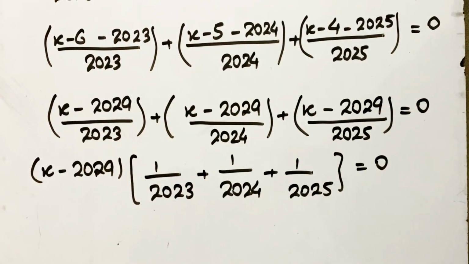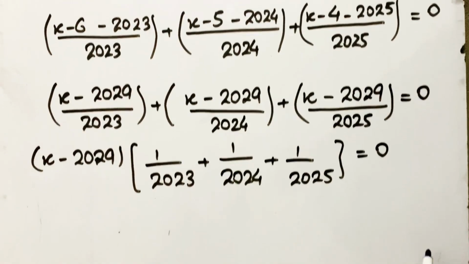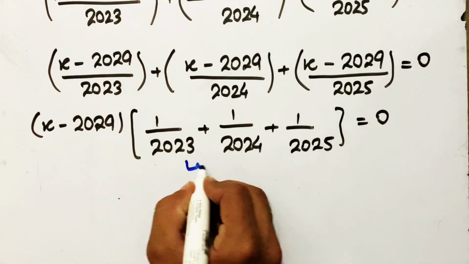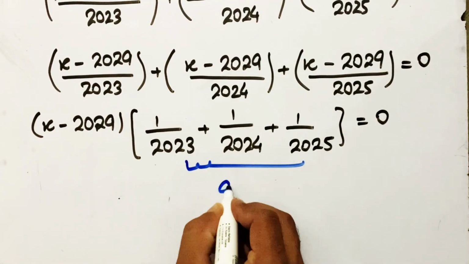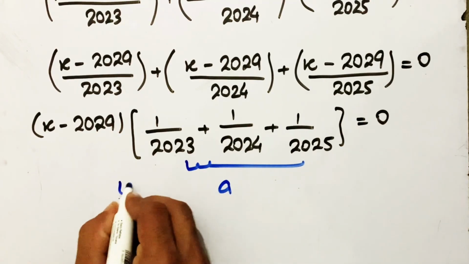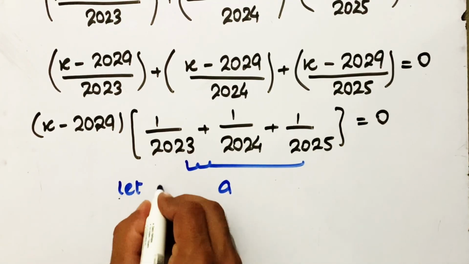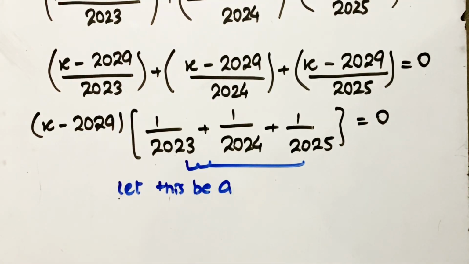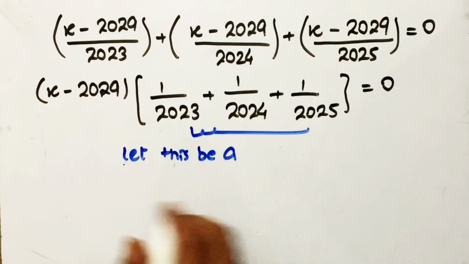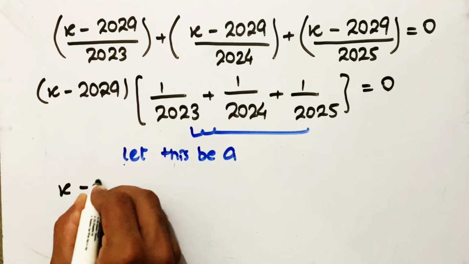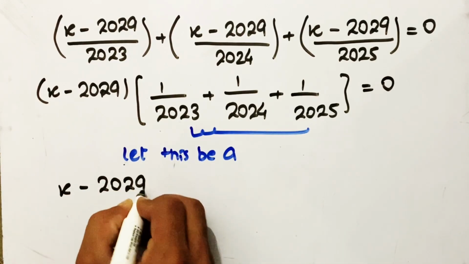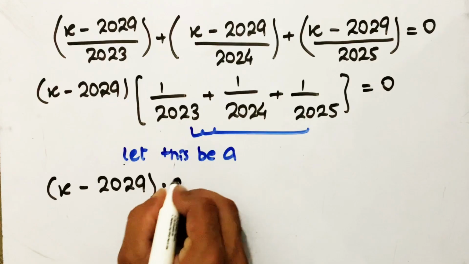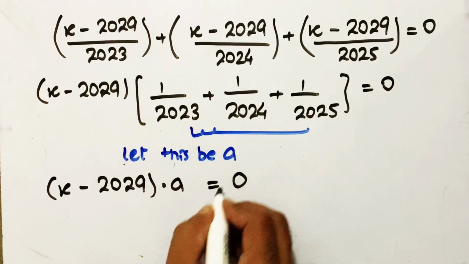Because this is a constant number, let this be a. So our equation has become (x minus 2029) into a equals 0.